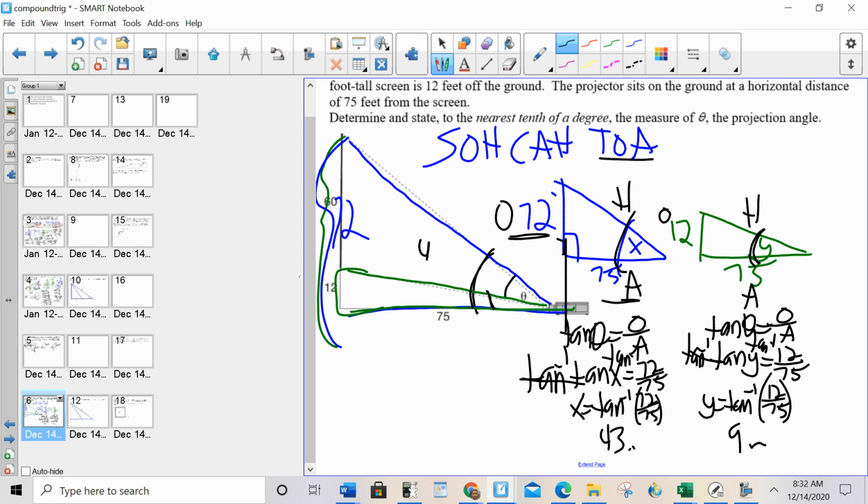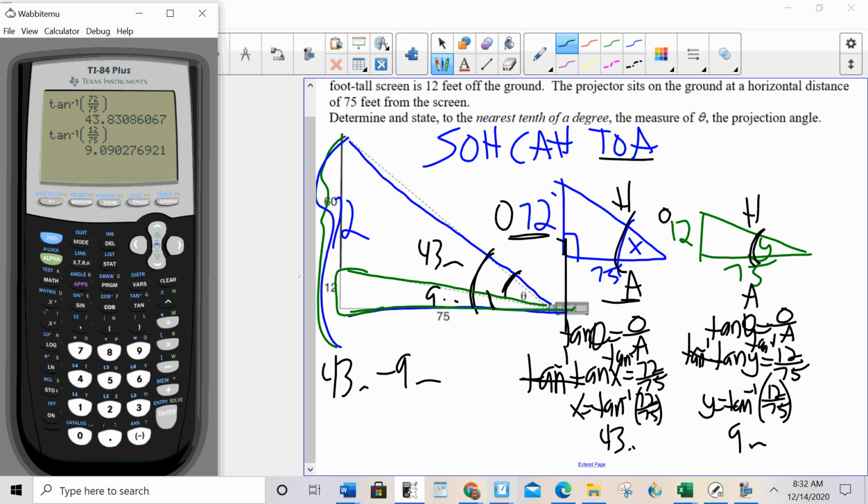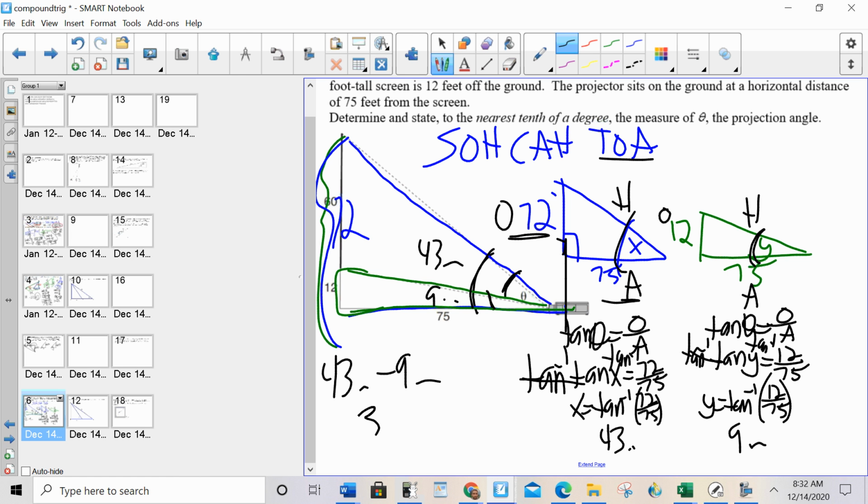So if this whole thing is 43 and this little piece is 9, to find this missing angle, I'm going to do 43 minus 9. Again, not just 43 minus 9, but the whole long decimal. 43 minus 9. And I get, to the nearest tenth of a degree, 34.7 degrees.